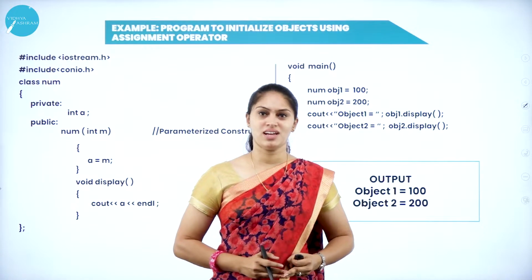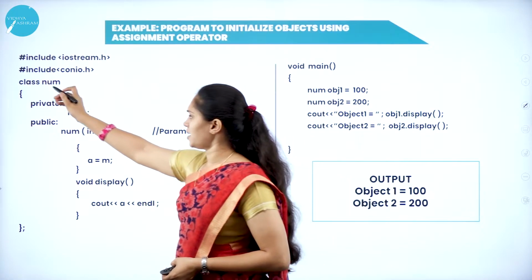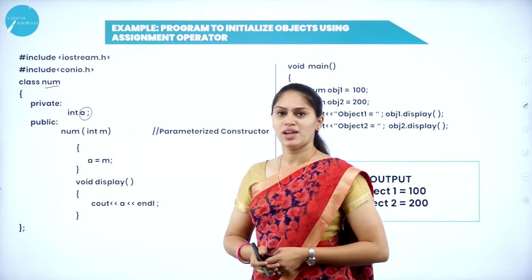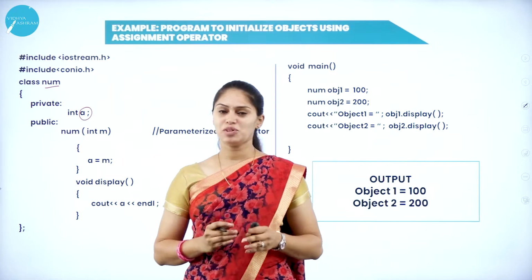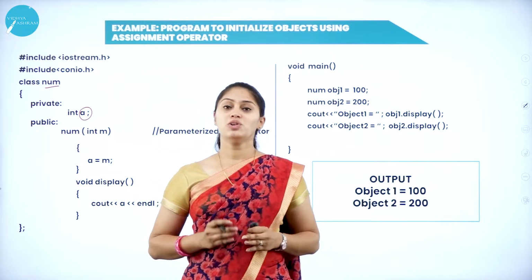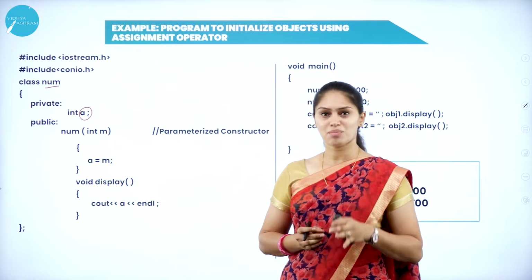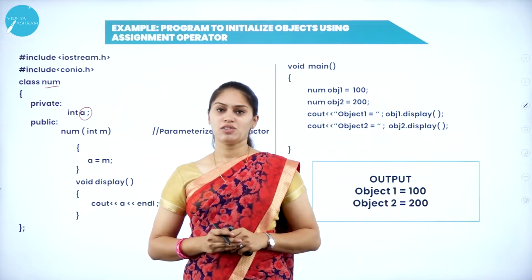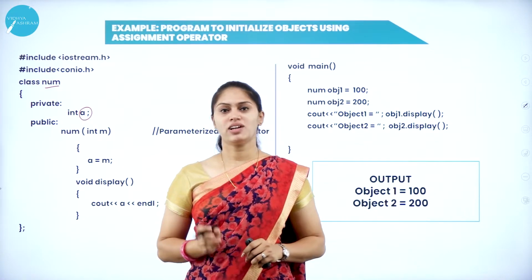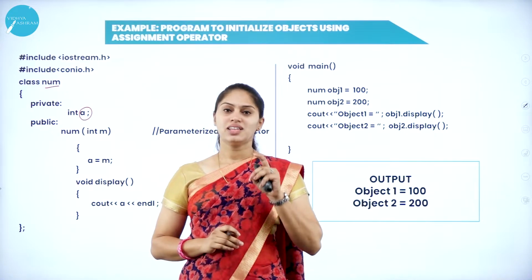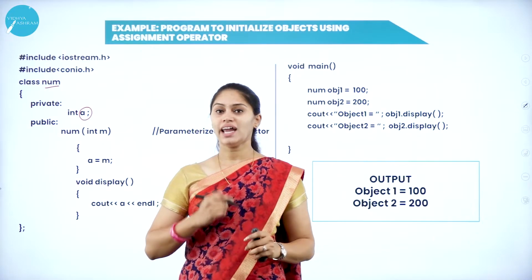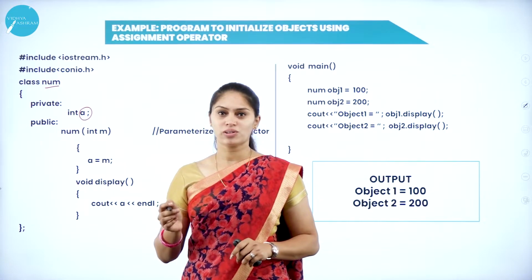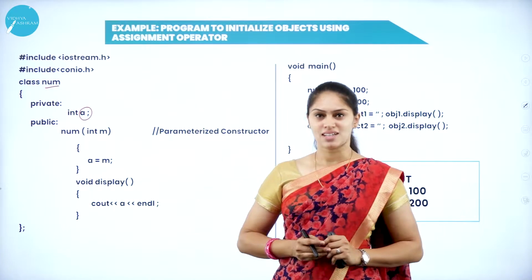Now we'll see how I can use this method in order to invoke the constructor. I have the same class, that is num, and I have only one variable. Why? Because when I'm using the assignment operator to initialize an object at the time of its declaration, it will take only one argument or parameter.